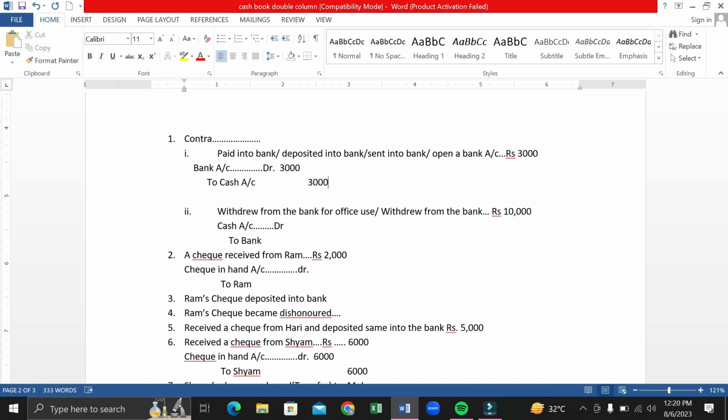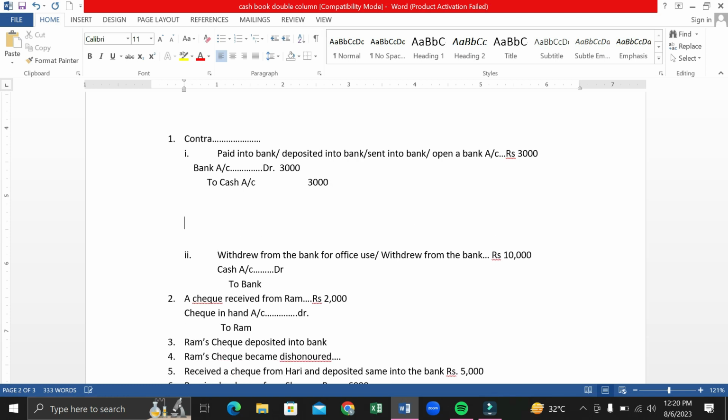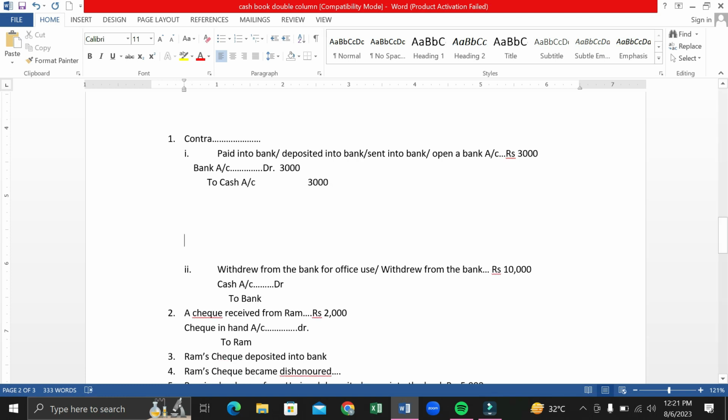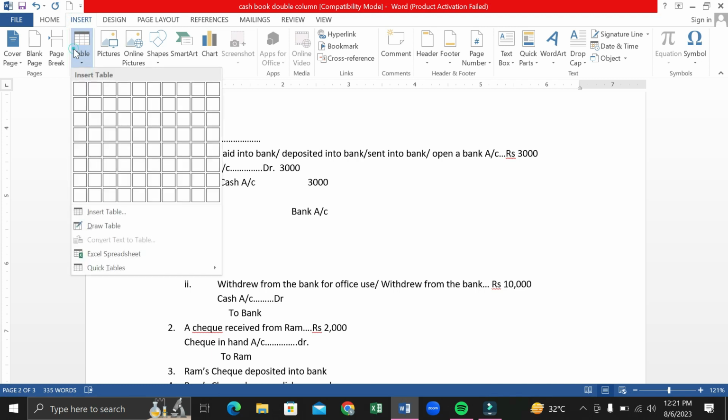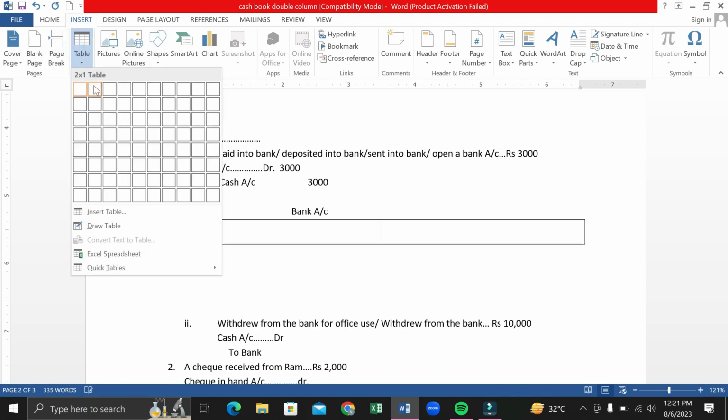Now if we are going to prepare a ledger for bank as well as a ledger for cash, first let us understand the basics of this one: how it affects the bank account, and after that we will discuss how this entry will affect your cash book also.